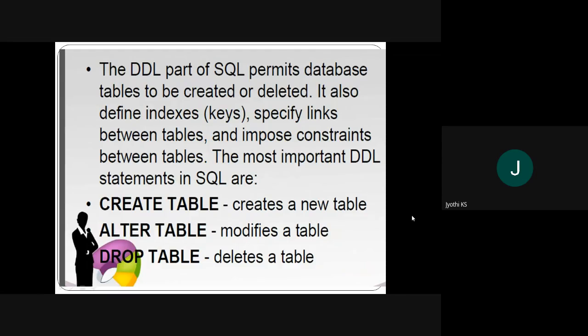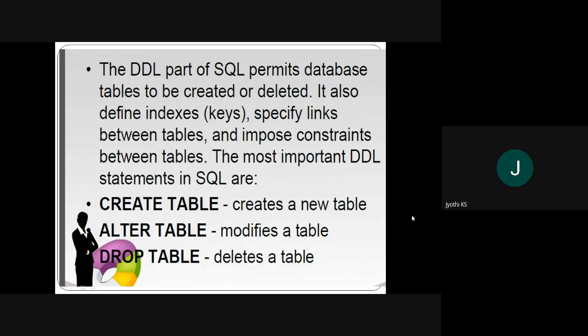DDL will tell you the table name, the attributes, the constraints on the attributes, whether there is any connection between the different tables, what the primary key is, and what the foreign key is. Everything will be defined in the DDL part of SQL. Under the DDL part of SQL, we will come across three main queries: create table, which creates a new table; alter table, which is used to modify a table.